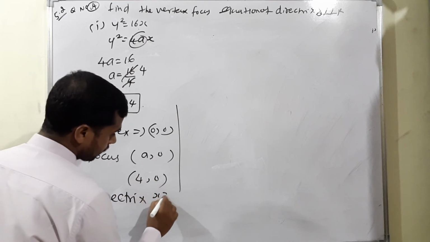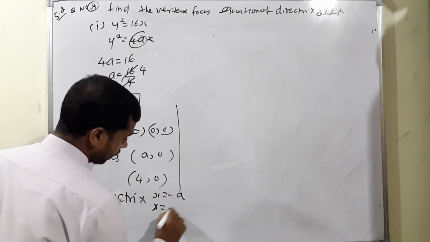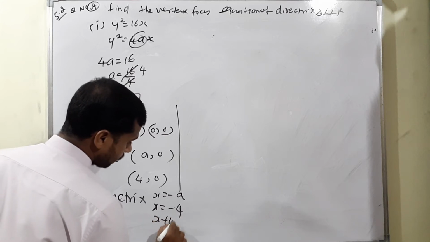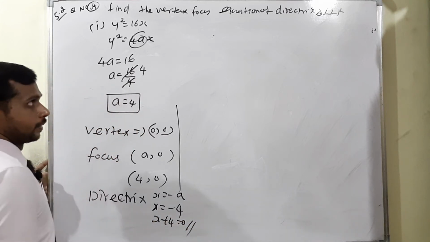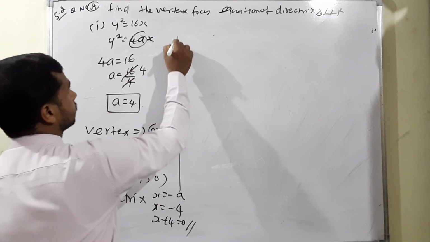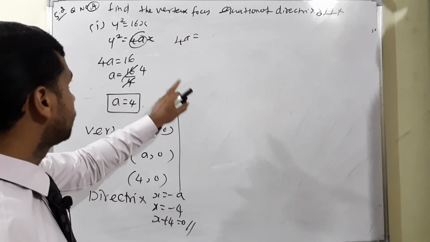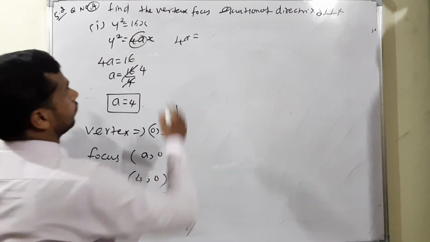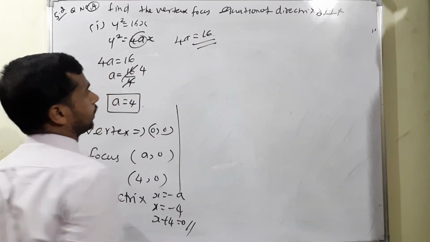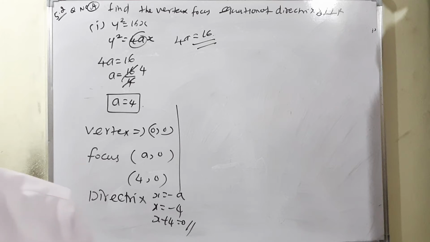This positive a means x is equal to negative a. Therefore x is equal to negative 4, means x plus 4 is equal to 0. That is the directrix. Simply we can say length of latus rectum is 4a. That is 4a is equal to 16. That is the length of latus rectum. Okay, I will continue with subdivision 2.